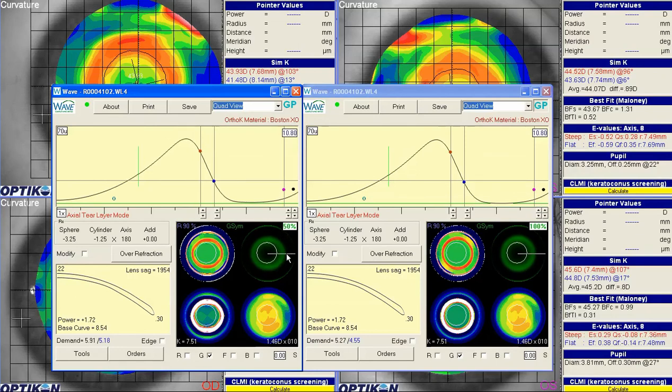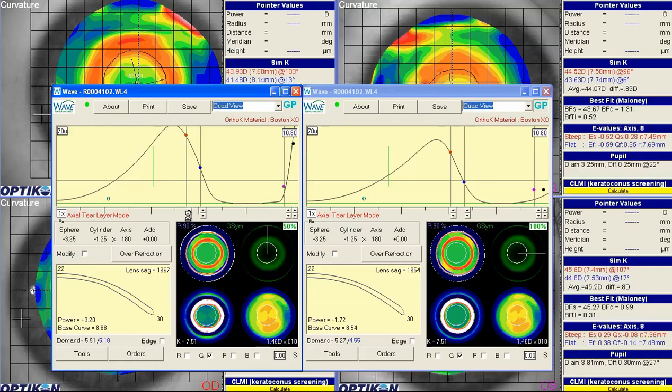Next thing we want to do is have a power differential. I believe the patient had about 3/4 of a diopter residual cylinder. Based on an original prescription of minus 1.25 cylinder, I'd probably build in a differential of 1 diopter. In other words, if our power in the horizontal meridian is 1.72, we want our vertical power to be about 2.72. Still in 50% mode, you see that we can actually come down in power a little bit.